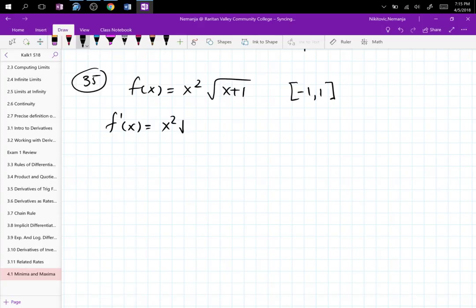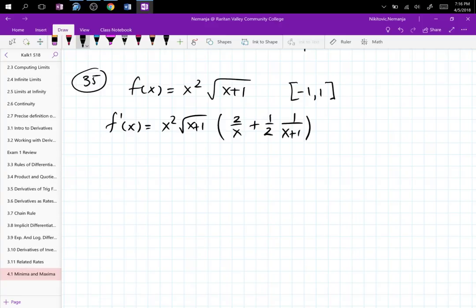It is x squared times the square root of x plus 1 times... I'm using logarithmic differentiation to solve this quickly because I need the factored form. 2 over x plus 1/2 times 1 over x plus 1, of course.